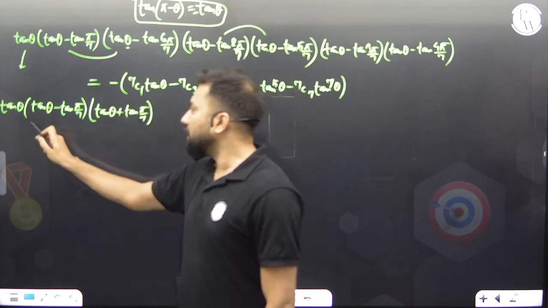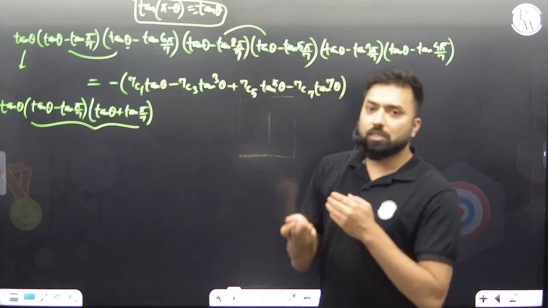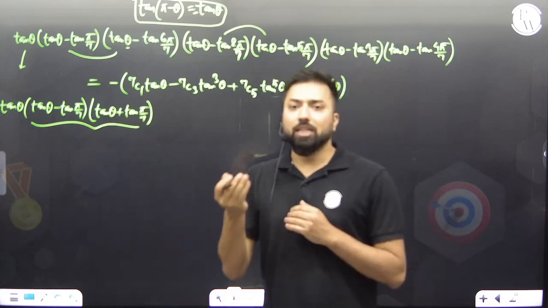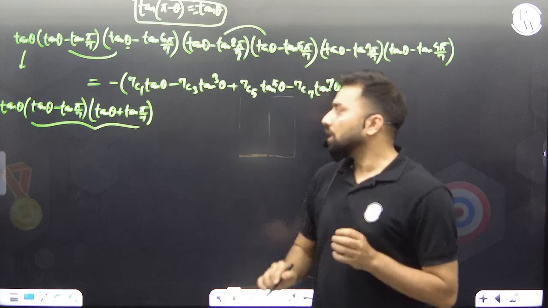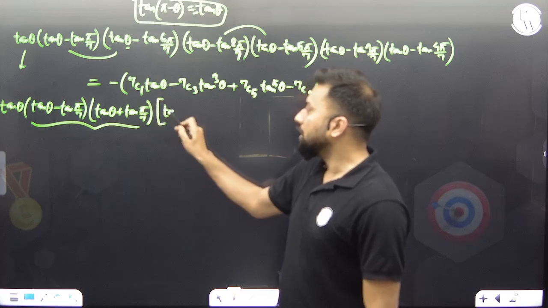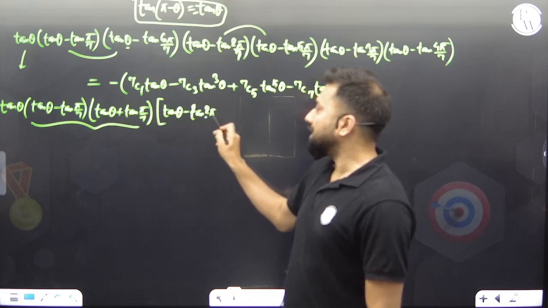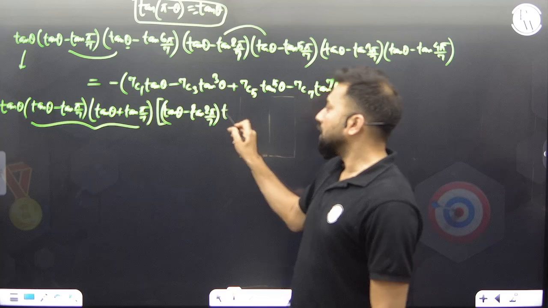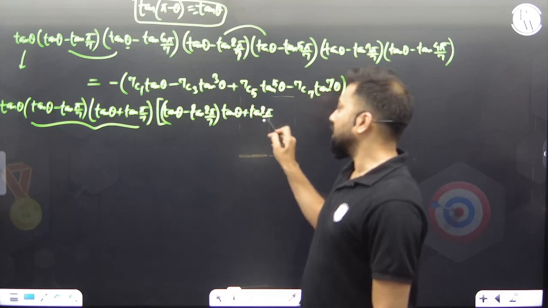If I multiply these two terms now, this will become a minus b into a plus b, which is equal to a square minus b square. So this will become tan square theta minus tan square pi by 7. Now similarly the second pair would be tan theta minus tan of 2 pi by 7 into tan theta plus tan of 2 pi by 7.